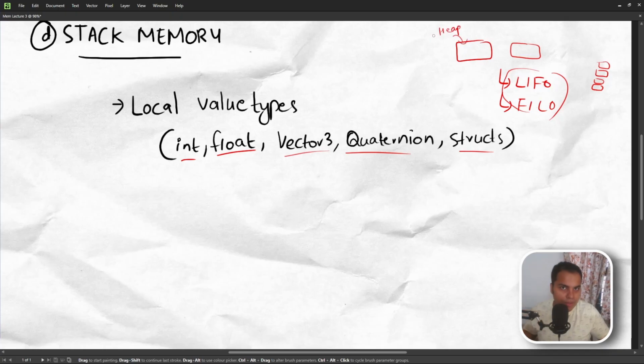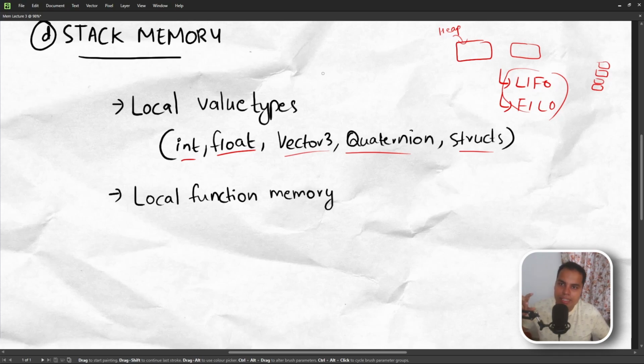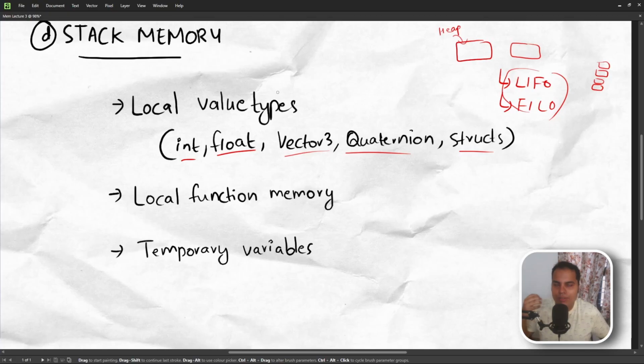That is a lot more slower, but they use addresses and stuff like that. While this one uses the principle so that it's easier to get what we need. Also, things like local function memory. If you create a function and then if you create a local variable inside that function, that is also stored in the stack memory as well. Also, any form of temporary variables, whether it's inside a coroutine or anything like that, they are stored in the stack memory.